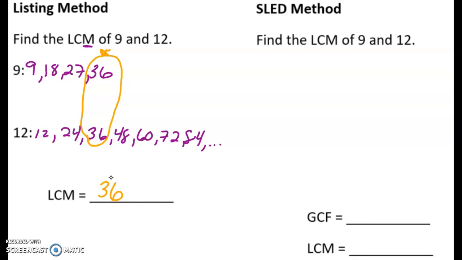But when you have numbers like 24 and 27, woo, man, is that a pain. All right? Now, I could have kept going with 9 to get 9 times 5 is 45, then 54, then 63, then 72. Now, there is another common multiple. But is it the least of the common multiples? No. So your least common multiple is 36.